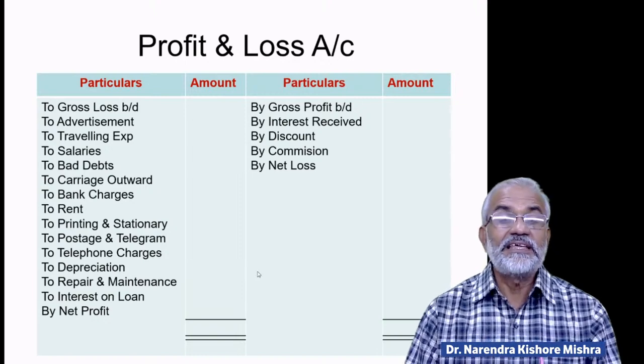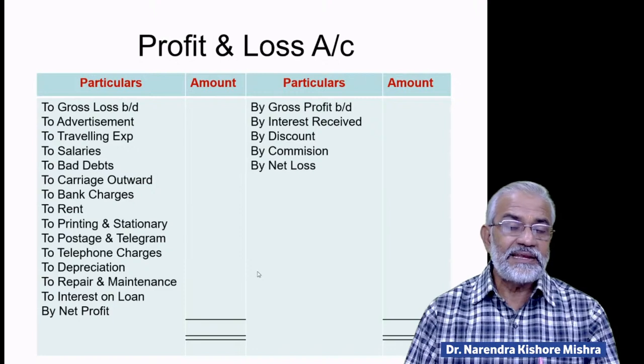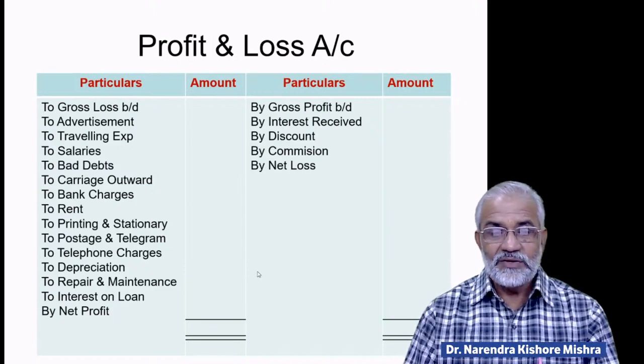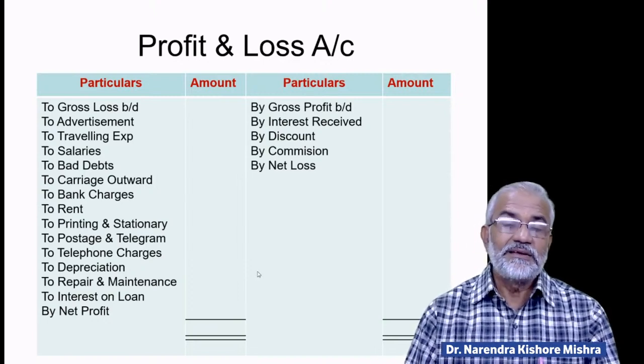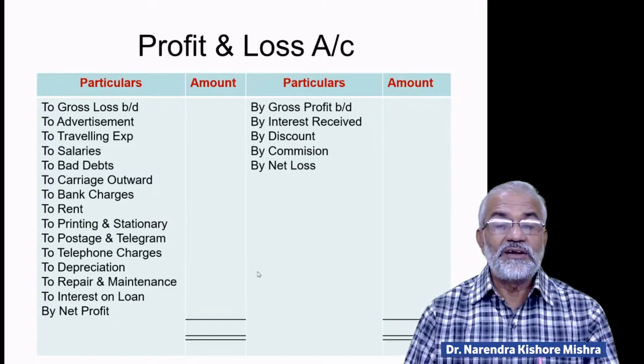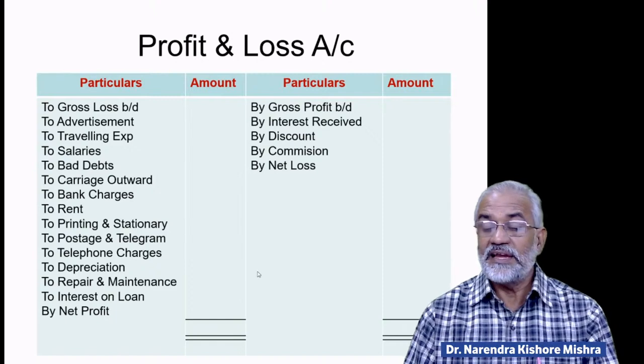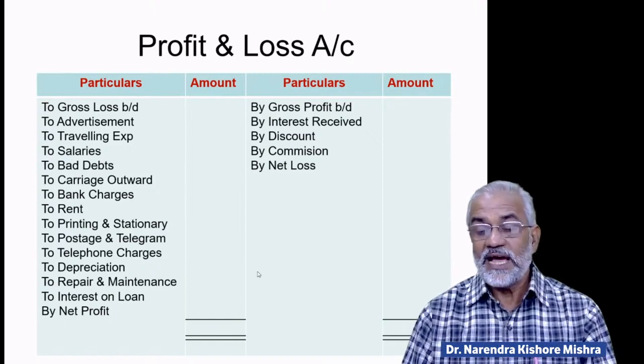But still, if all the 30 years have passed, the entire lease rent would become zero. If 50% of the lease period has passed, then 50% of the lease rent will be reduced. That is called amortization rather than depreciation. Amortization is applicable in case of intangible assets, and here the leasehold property is an intangible asset.